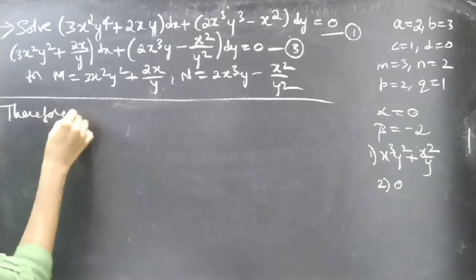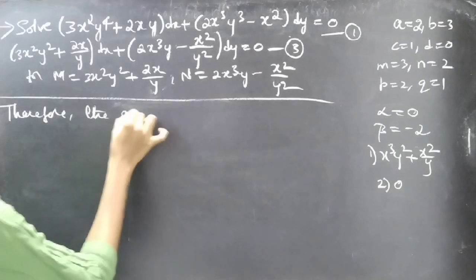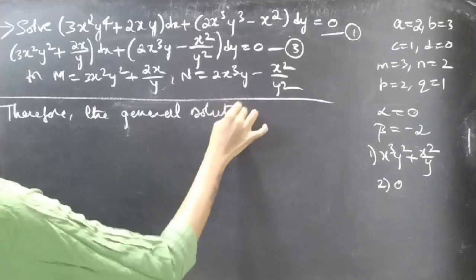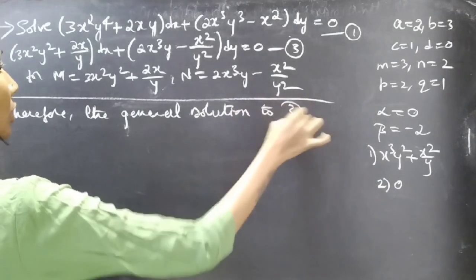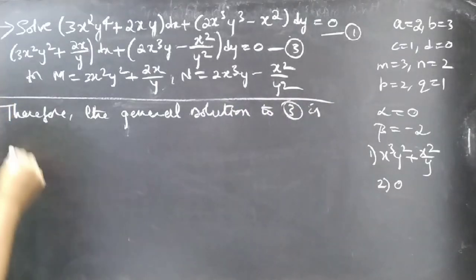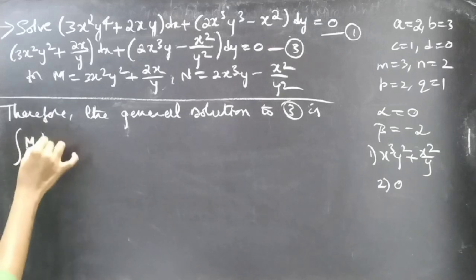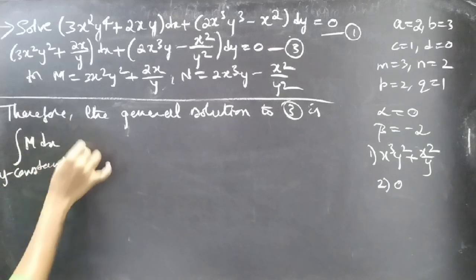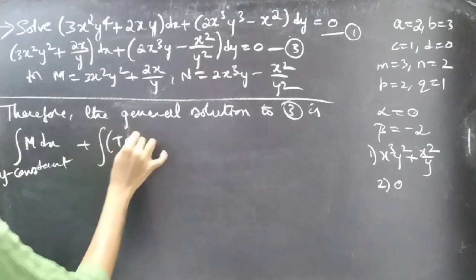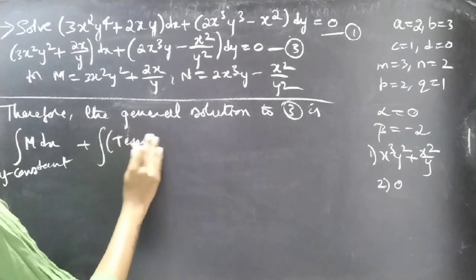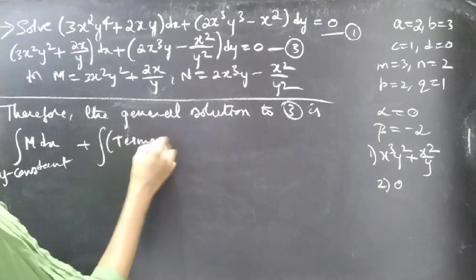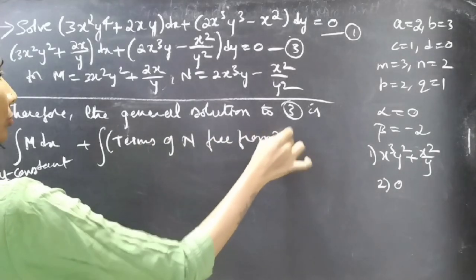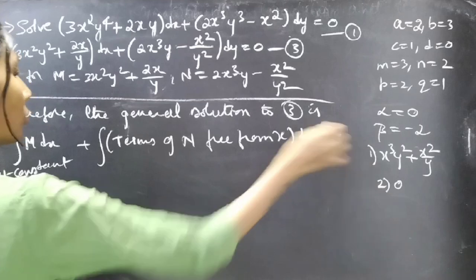Therefore, the general solution to the transformed equation, that is equation 3, is the integral of M dx treating y as constant, plus the integral of the terms of N free from x with respect to y, equal to c.